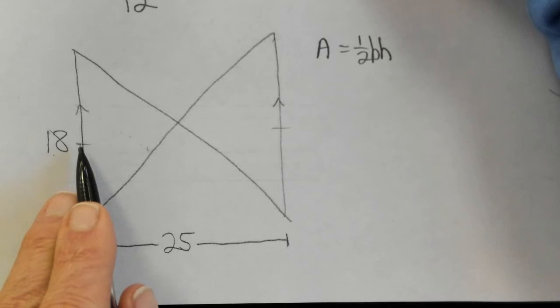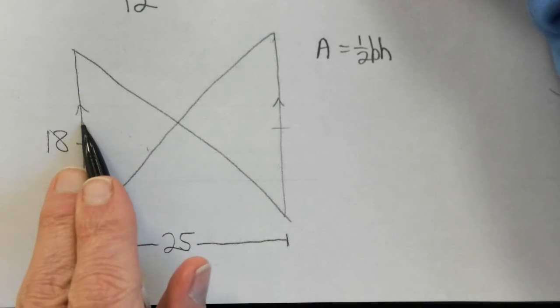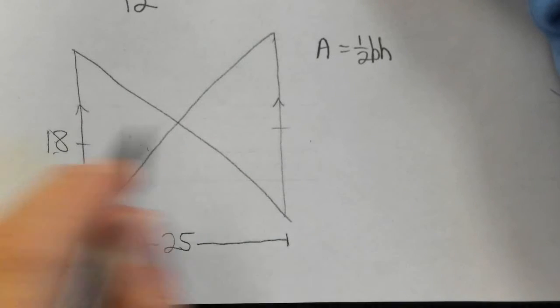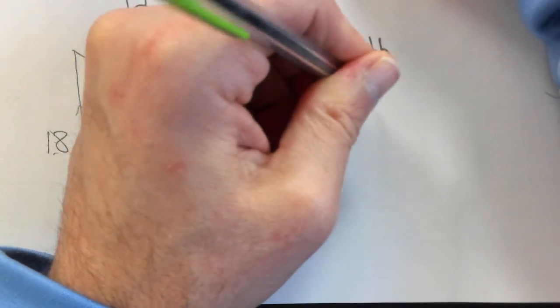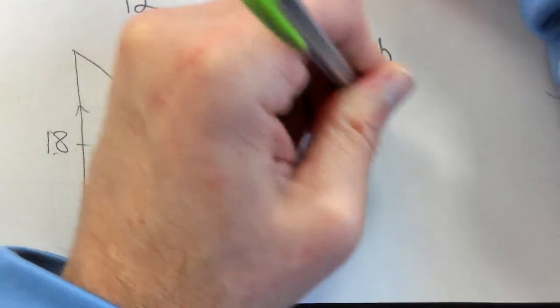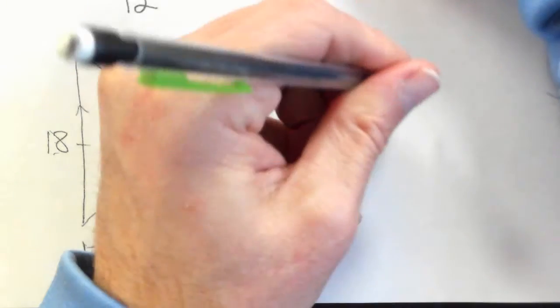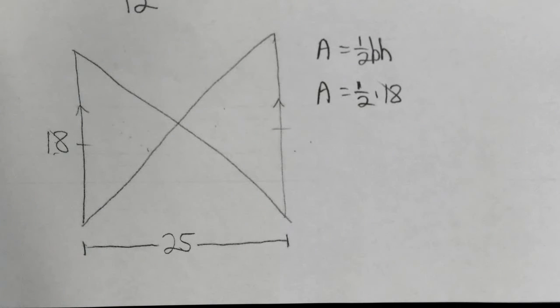By the way, notice that with this mark and the fact that they're parallel by these arrows here, would tell us that both of these are the same length, so 18 and 18, which essentially will make these two congruent triangles. So these are the same. So when I go and plug in, I've got 1/2. Now for the base, we can go ahead and use this as our base. We'll make this 18.